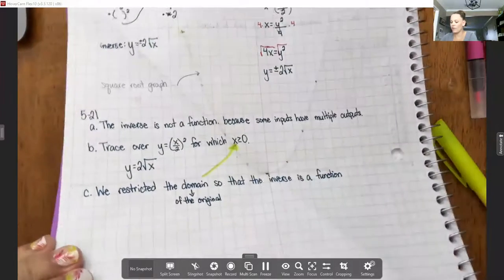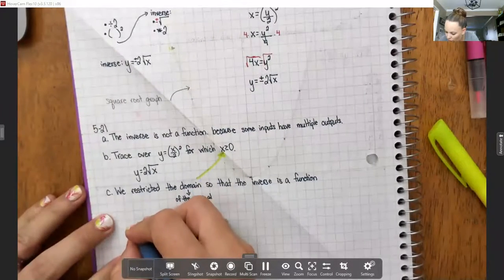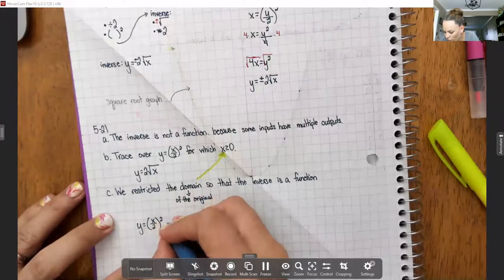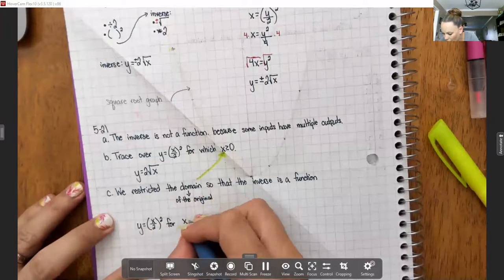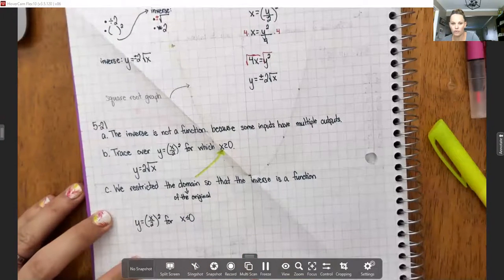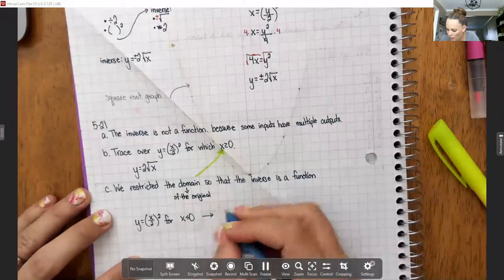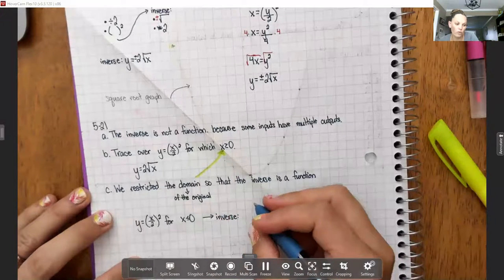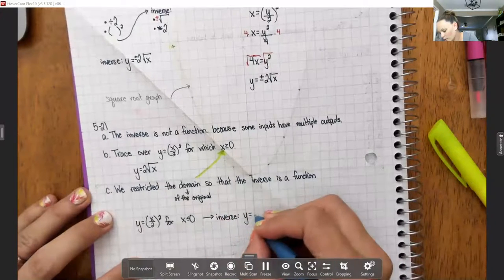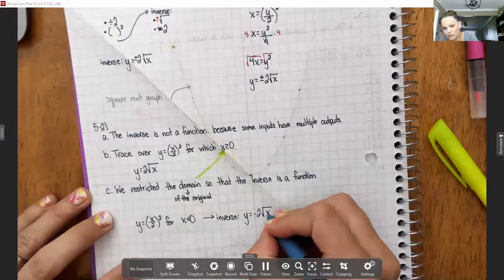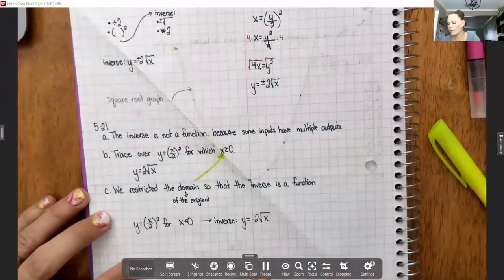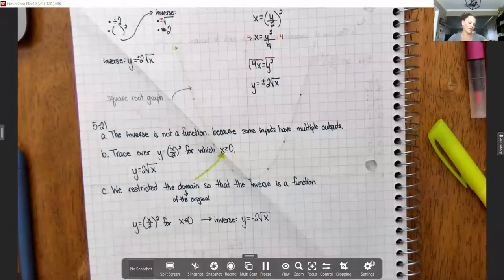And like I just said, if we did y equals (x over 2) squared for x less than or equal to 0, then the inverse would just be y equals -2 root x. It would be the negative part of it. It would be the bottom half if we looked at the left half of the original.